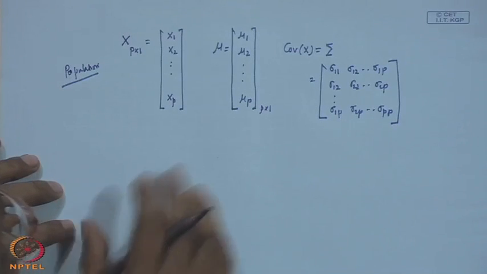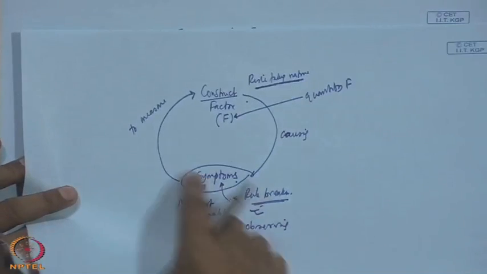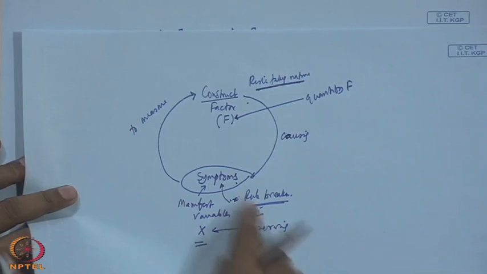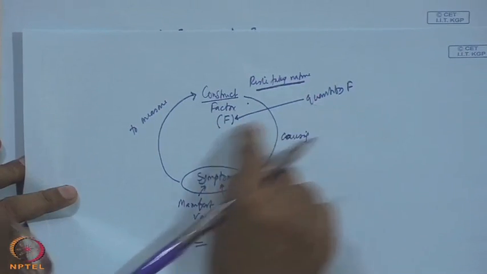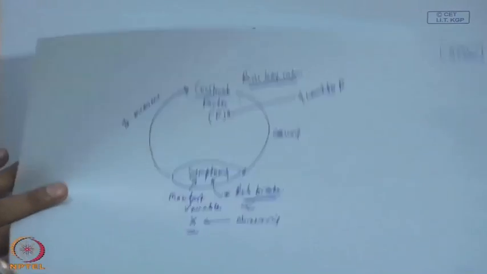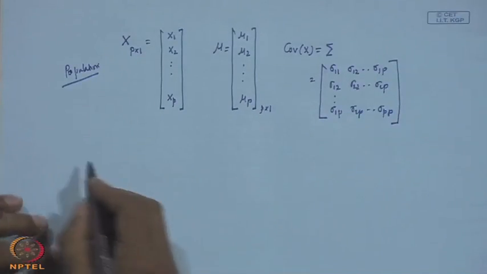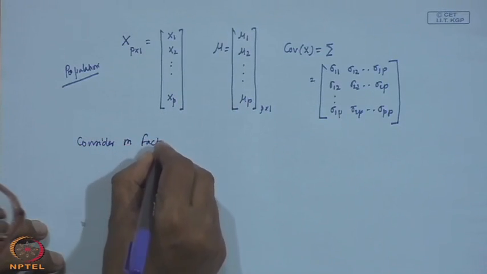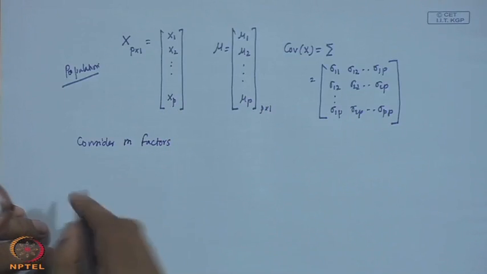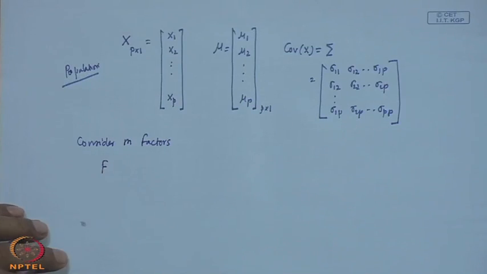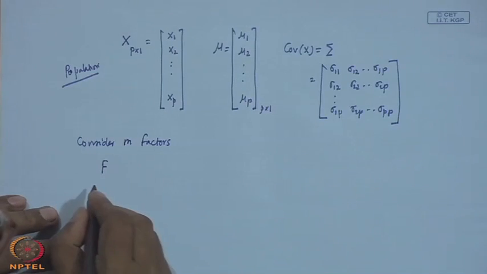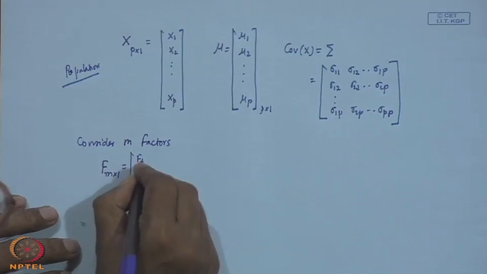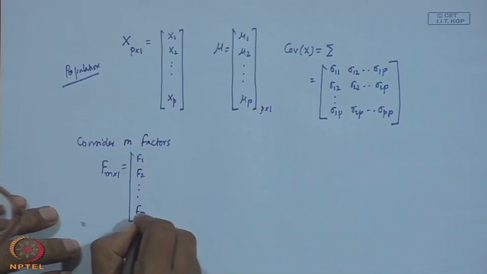Now, what we have described here is that you are observing these x because there are certain underlying causes or hidden constructs or factors. So, if this is the case, consider m factors. Then my f is the vector of factors which is m cross 1, this will be f 1, f 2, like f m.